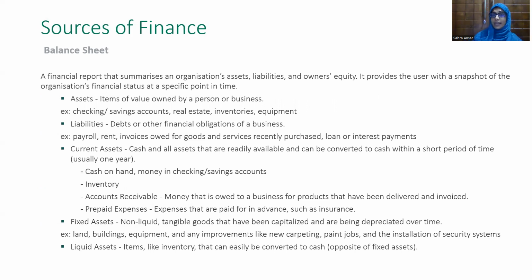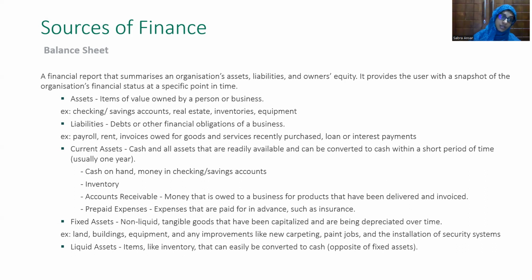If you look at the balance sheet, this will have the assets, liabilities, as well as the owner's equity of an organization. It generally provides a snapshot of the organization. Assets are the value owned by the business, and liabilities are the financial obligations of the business.